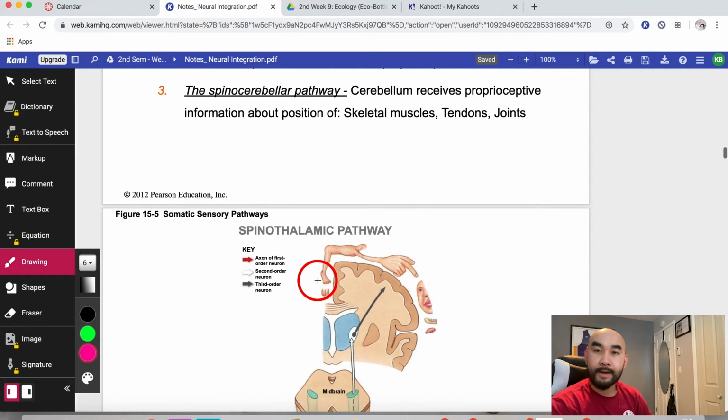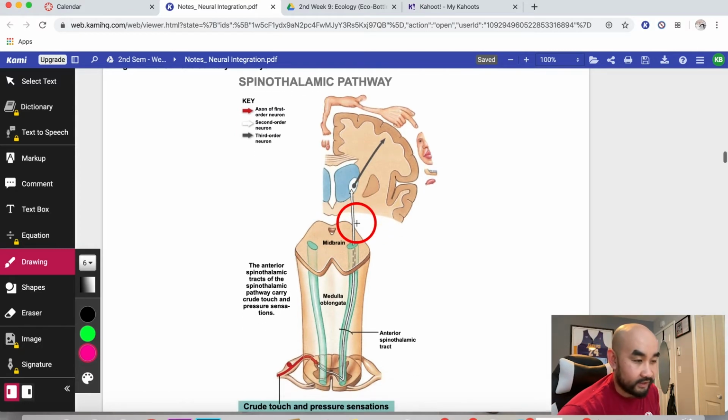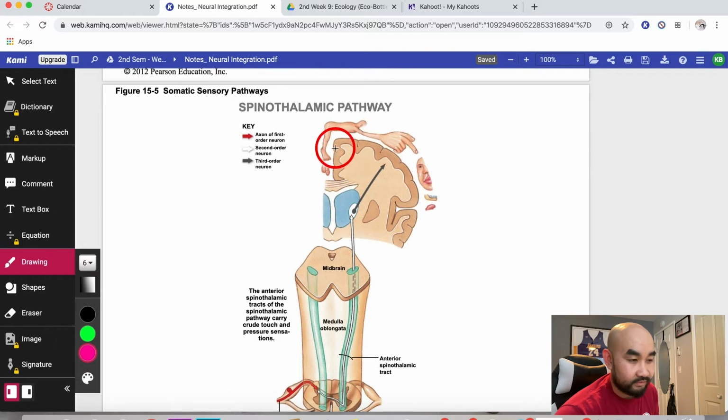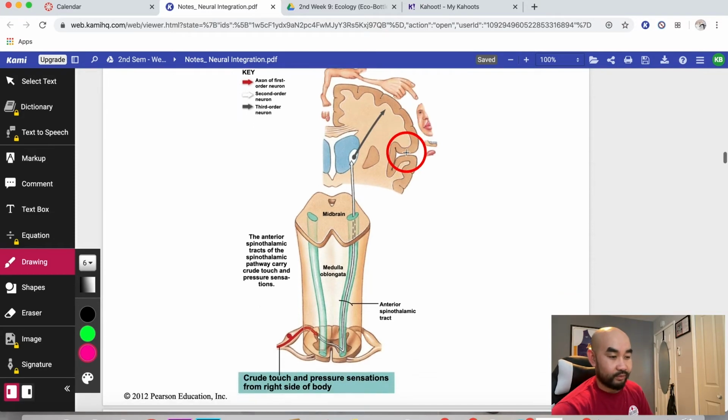Okay, I'm gonna try to keep this video short. So this is your spinothalamic pathway. And again, different parts of our cerebrum have different senses. Here you would have more senses to the hand. So let's say you sense something.